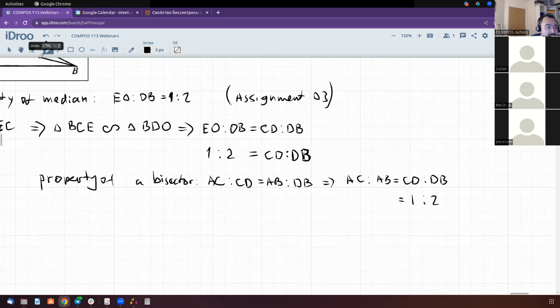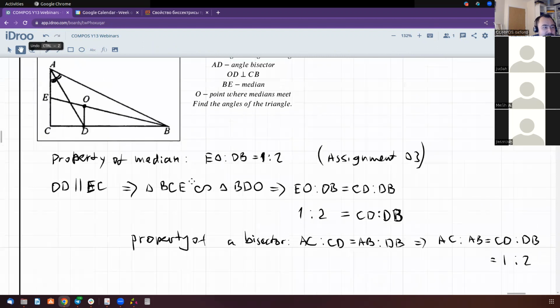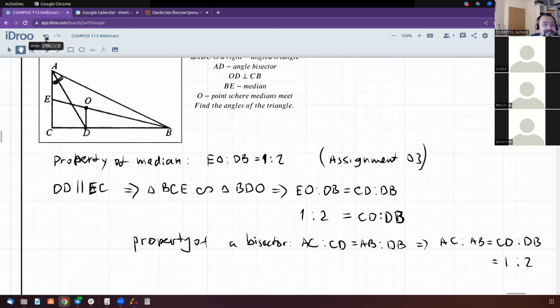And AC to AB, what is AC to AB? Somebody help me? AC to AB, something you should be very familiar with. Or perhaps I can write AC to AB.